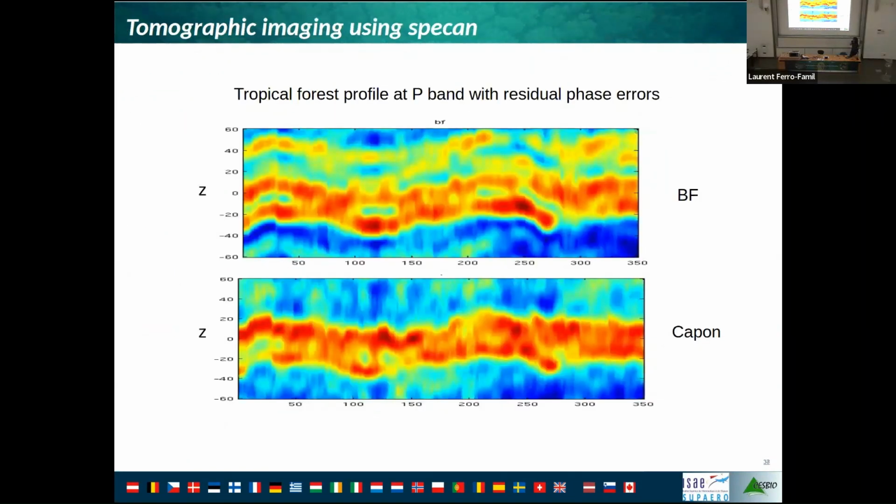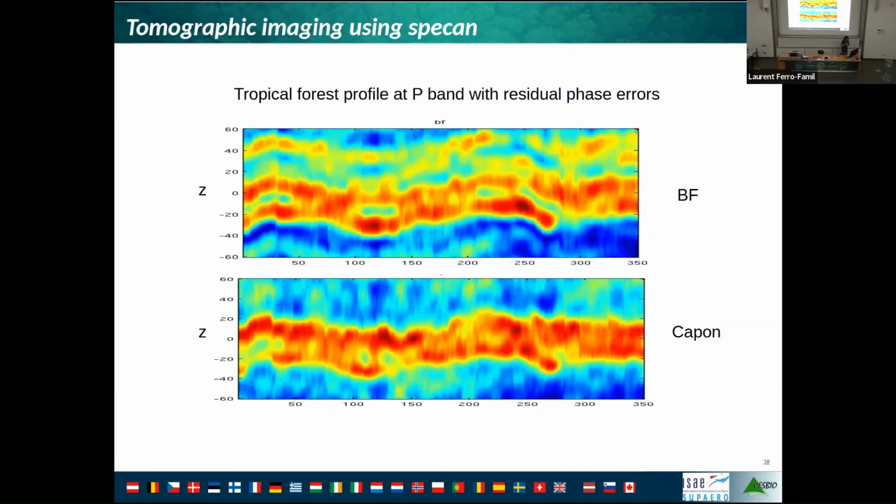Some examples of beamformer processing and Capon processing in practice. This is the beamforming result computed over the Paracou test site, the tropical forest in French Guiana. Due to phase terms, because the planes that measured this data were flying, the trajectory is never really rectilinear.